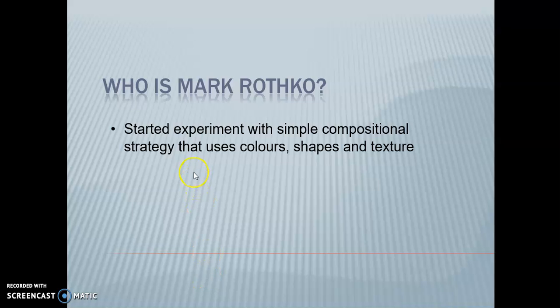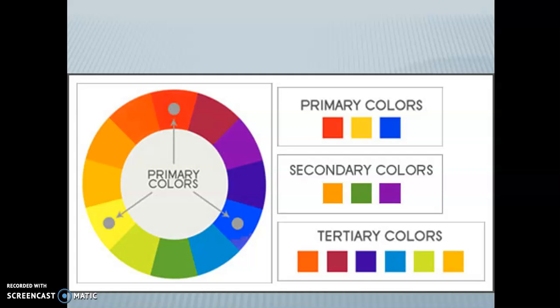Now after 1946, he started to experiment with simpler composition. Composition means how he arranged the subject, and he uses colors, shapes, and texture. To understand his work, you have to understand the color wheel, the primary, secondary, and tertiary colors.